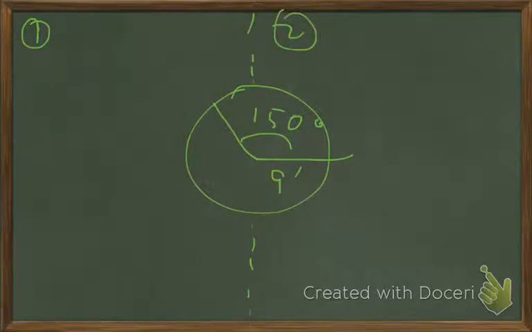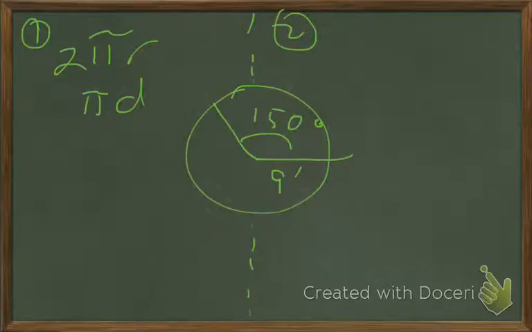The first way you can do this is you know that the circumference is 2 pi r. That's the formula for circumference. It's also the same as pi d, pi times the diameter. Well, the radius is 9 feet, so 2 pi r, 2 times pi times the radius, that's going to be 18 pi.